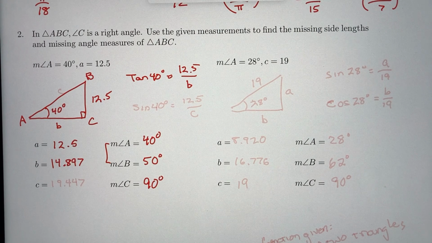You can put at least 1 digit past the decimal point so that we know it's not a whole number. Unless it's something like 0.999, and then you can round up. For C, notice 12.5 is still opposite and C is hypotenuse, so I'm going to use sine.